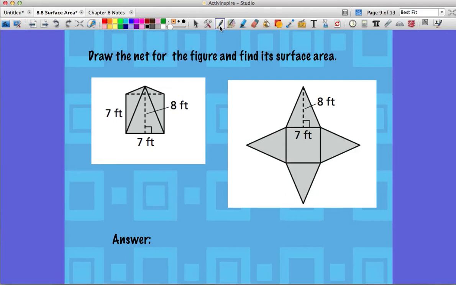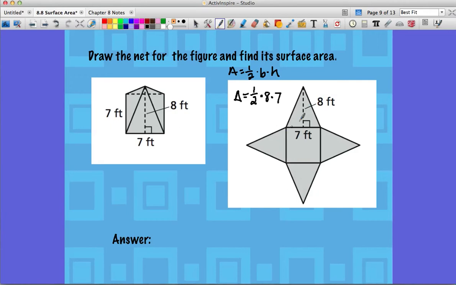Remember the area formula for a triangle is area equals half times the base times the height. So for each triangle, it's going to be 1/2 times 8 times 7.